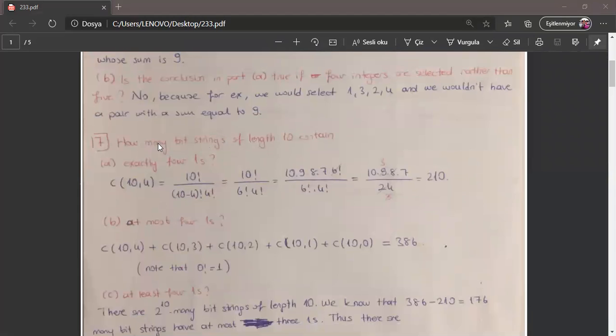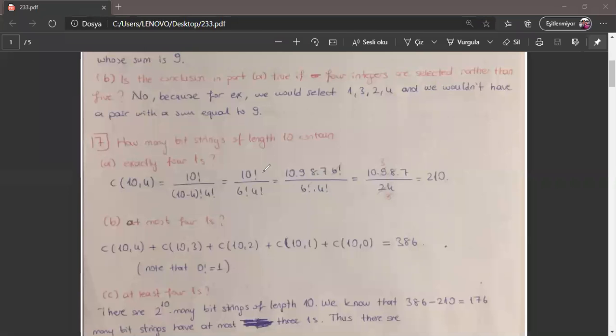Now we want to compute the number of bit strings of length 10, which contain exactly 4 ones. Now, how do we compute it?